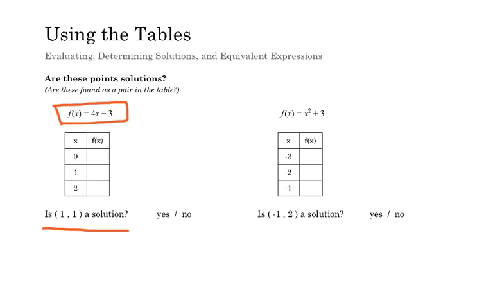Easy enough way to do this is to look at the table, which is why I provided you a table here. Right, so as usual, it's going to start in y equals. You're typing in 4x minus 3 and pressing second graph.